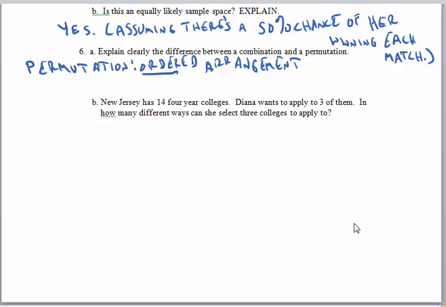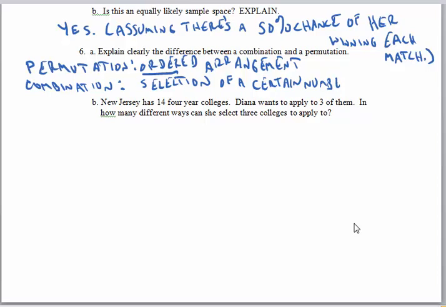So permutation is an ordered arrangement of objects, whereas a combination is more like a selection of a certain number of objects. And the key with combinations, of course, was that the order wasn't important. So whenever order was important, you were really using a permutation, whereas when order wasn't important, you were using a combination. Right? So permutations are ordered arrangements, whereas combinations are just really selections or choosing of a certain number of objects where the order plays no role.